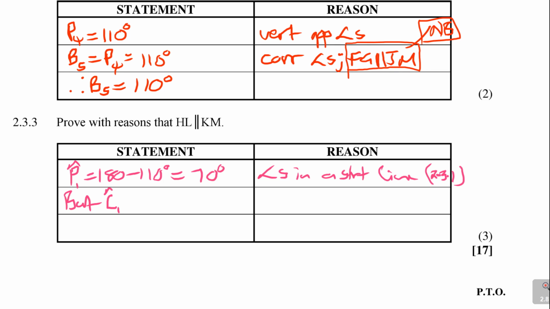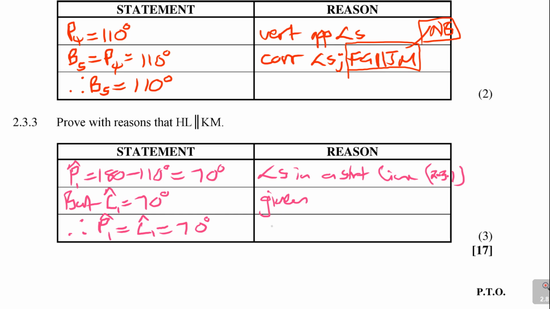And then what is the reason there? It's given. You see? Therefore, P1 is equal to L1, which is equal to 70 degrees.